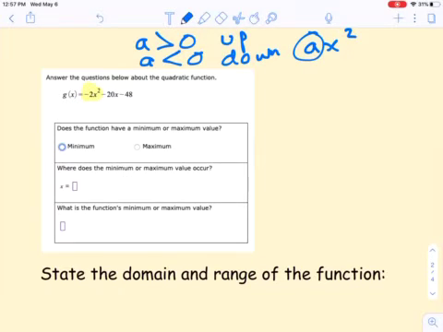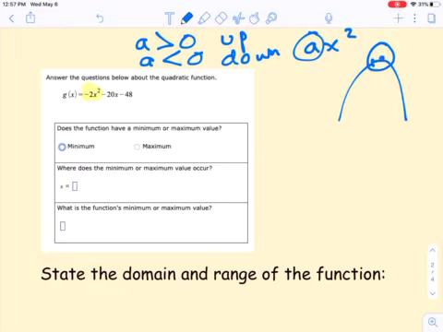And we'll talk about transformations of these in the next lesson, but basically I'm looking at this and I already know that this graph is opening downward. Because the graph is opening downward, it's going to look something like this, right?